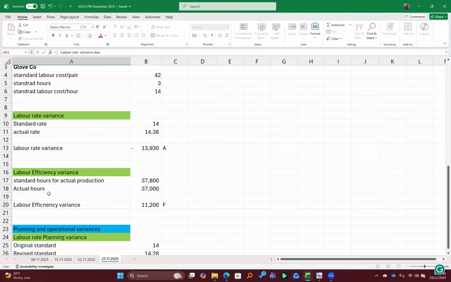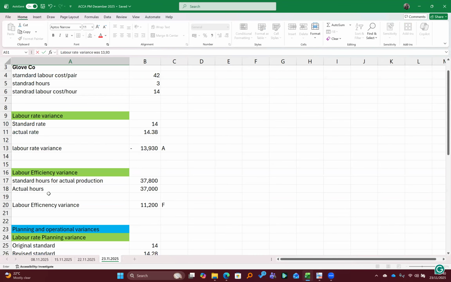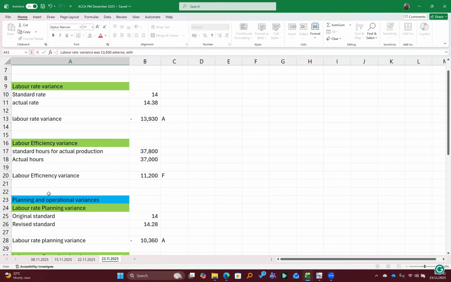The labor rate variance was 13,930 adverse, with the planning. So for the labor rate, even the planning was adverse.